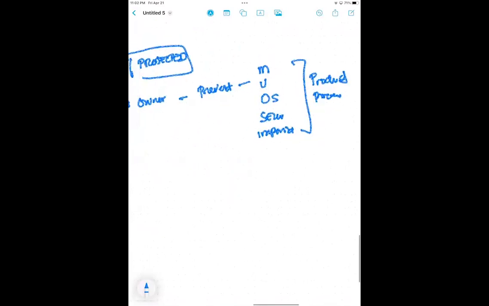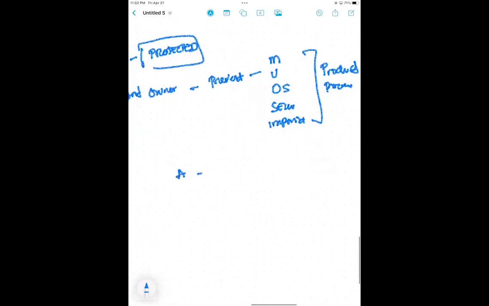Okay? So let's say, for example, A was able to invent X and X was patented. Okay?